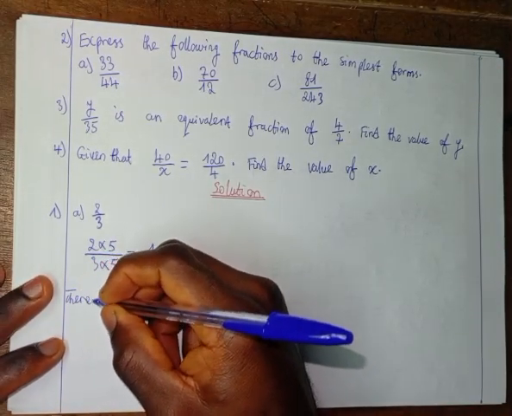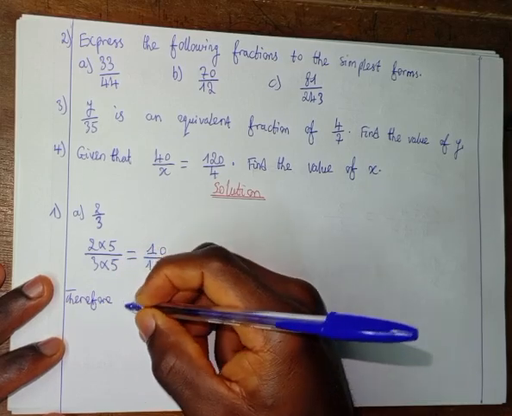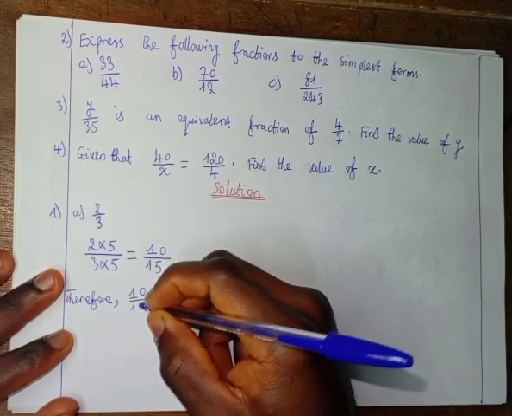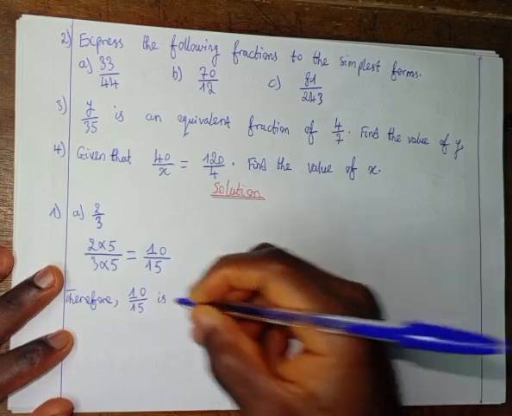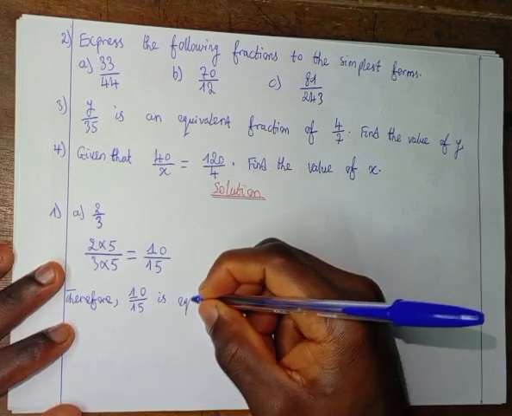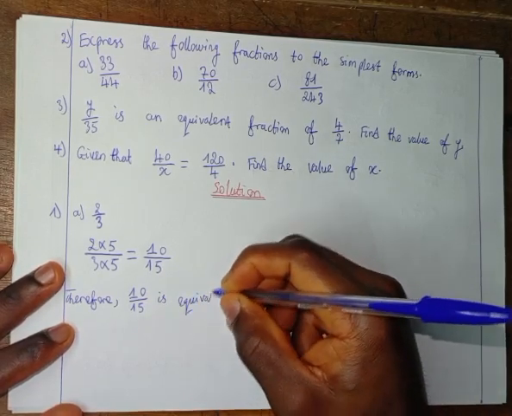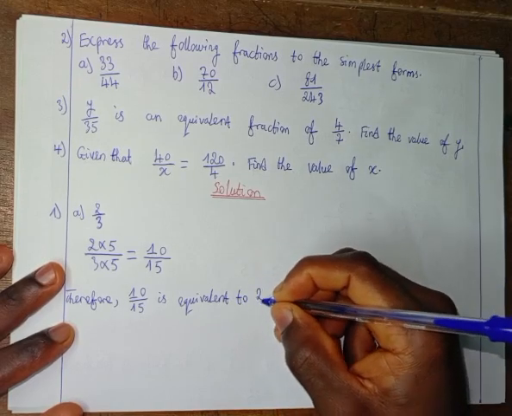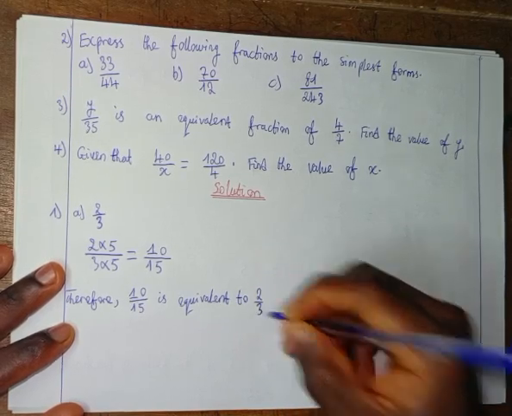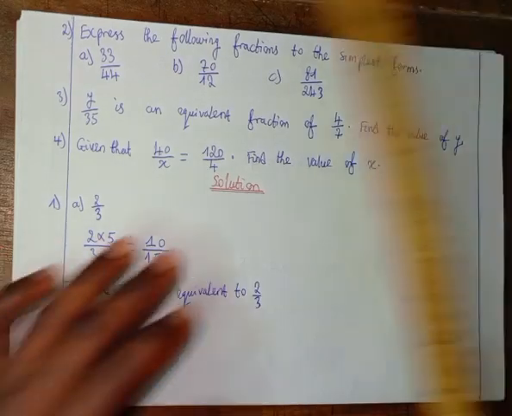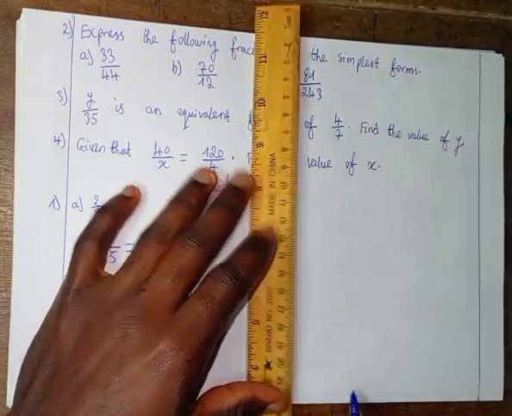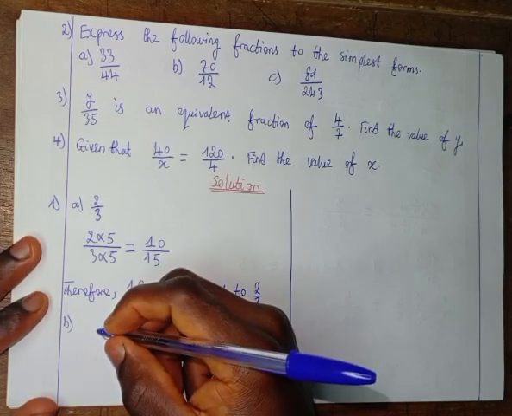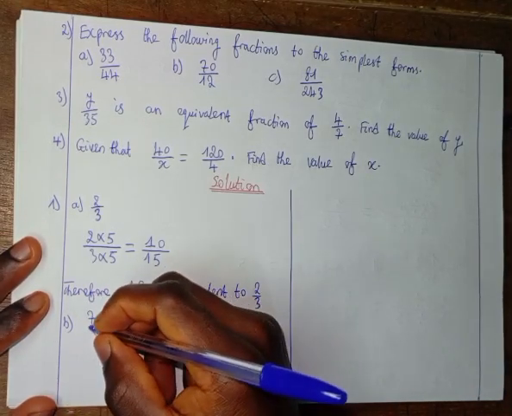Then we conclude. Therefore, 10 over 15 is equivalent to 2 over 3. We go to B. For B, we have the fraction 7 over 9.